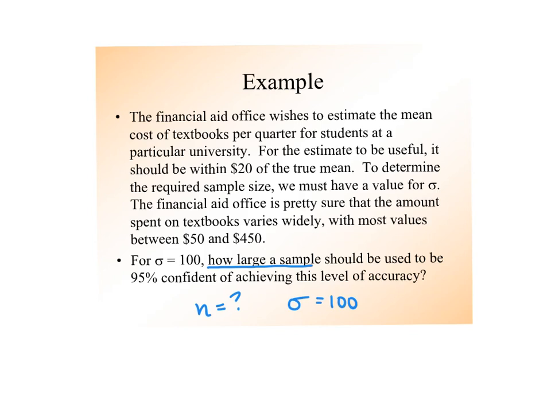And something that they gave us, but maybe we didn't think of it, is it says that for the estimate to be useful, it should be within $20 of the true mean. Within $20 of the true mean. So what this means is that the margin of error is $20. The margin of error is $20.